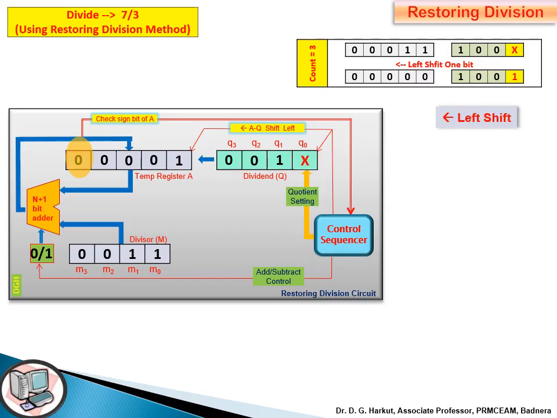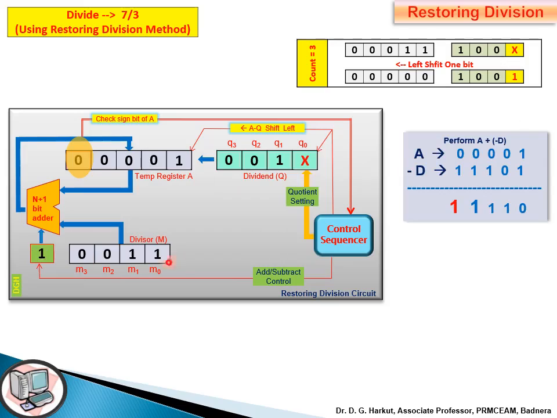After shifting the content of register A and Q, updated value will be like this. Next, we need to perform subtraction. Subtract divisor from temporary value available in register A. The result comes out to be 11110.